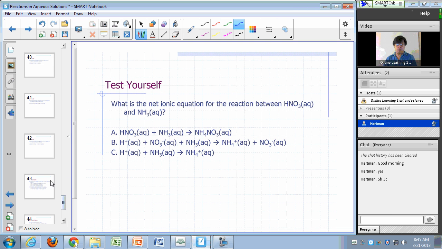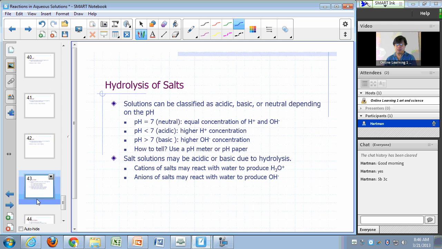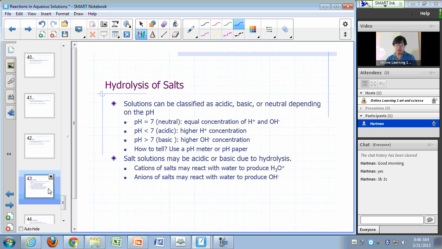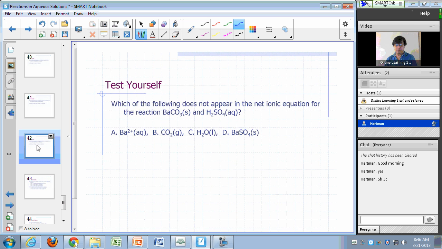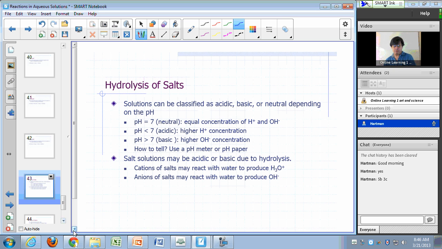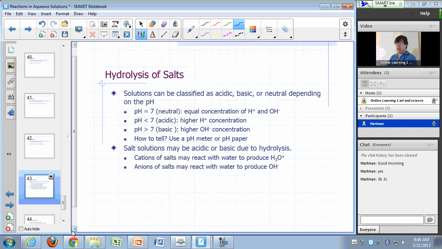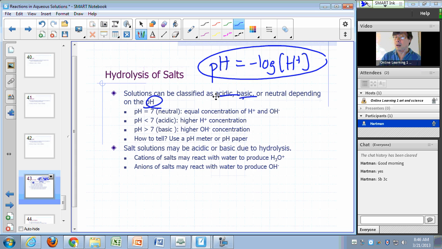All right, so let me see. Let's talk about hydrolysis of salts. Solutions can be classified as acidic, basic, or neutral depending on what we call the pH of the solution. A pH is something you can measure in the lab, okay, and it's related to the concentration of H+ by this equation right here.